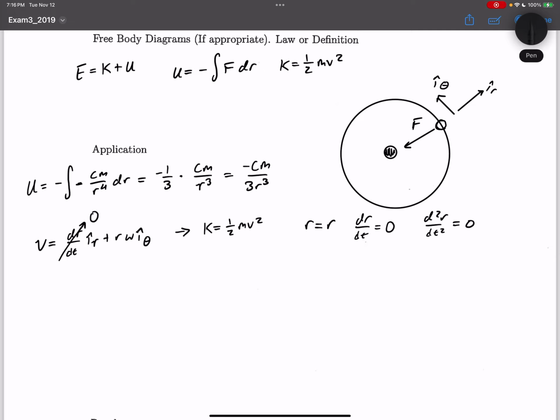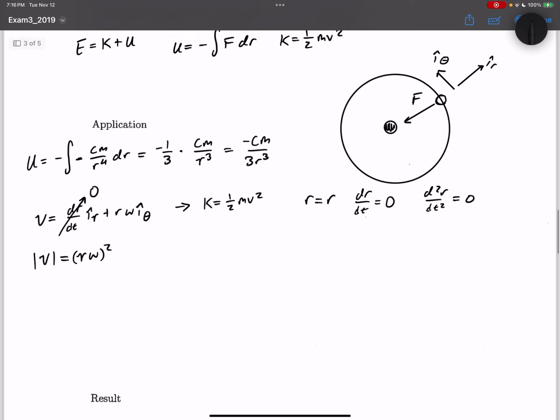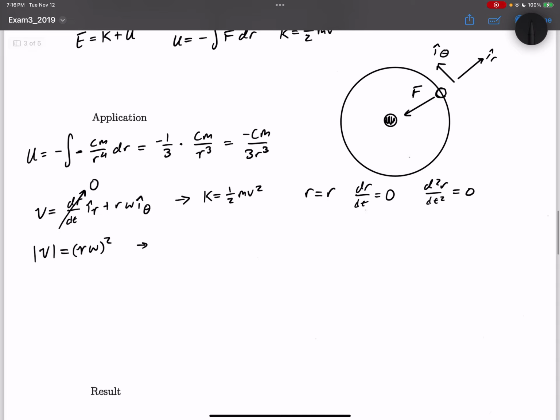We need the magnitude of this velocity, which in our case is just going to be R omega, squared, because dr/dt is 0. So we have that kinetic energy is going to equal 1/2 m R squared omega squared. So we need a value for omega.